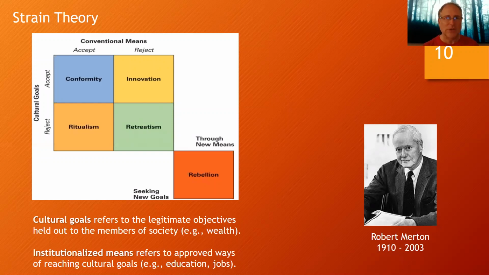In the first box here, when we accept conventional means and cultural goals, we have conformity. And that's what most of us do most of the time, using socially acceptable, legitimate means to strive to attain cultural goals, like hard work. However, let's say that we decide to reject conventional means while accepting cultural goals.